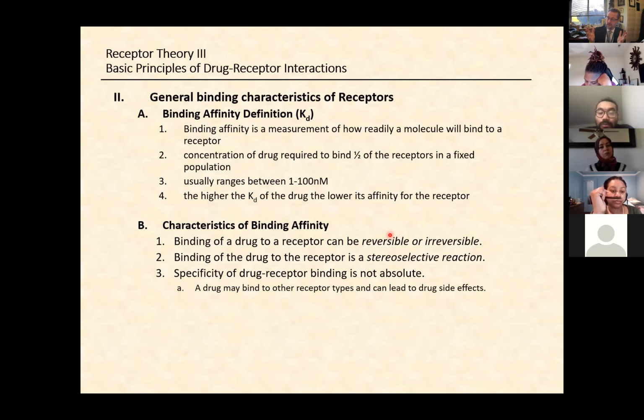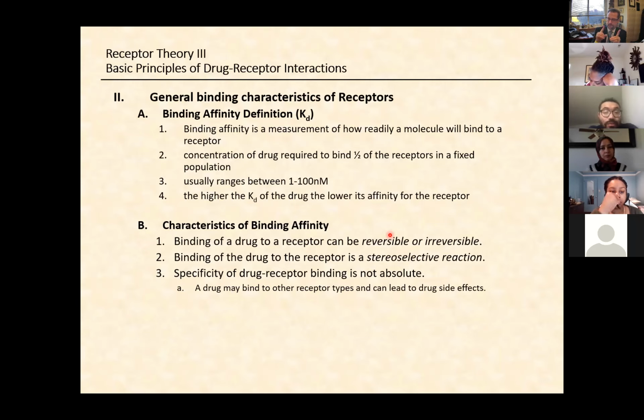The better the binding affinity, the less drug you need to bind 1/2 of the available receptors. Now, from a numeric range standpoint, for most drug molecules or ligands we're going to be talking about, good binding affinity is anywhere between 1 and 100 nanomolar.